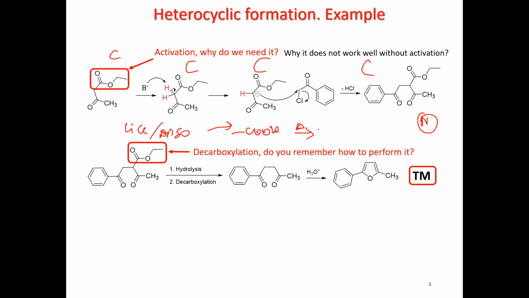In this case, if you put an activator, B minus, I don't care about what base you want to use. From LDA to hydroxide to hydride to a Grignard. Well, no, Grignard won't do because it will attack the carbonyl. Sorry, my bad. Any base that doesn't attack the carbonyl.